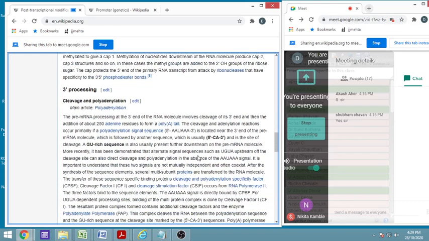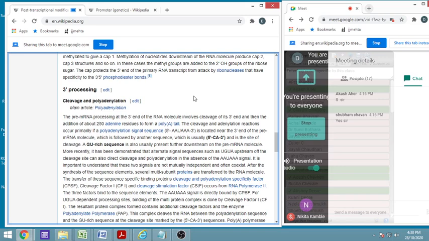Then the next one is the 3' processing, which we call polyadenylation, or the provision of the tail at the end. Around 250 adenine residues will be attached to form this adenosine tail.